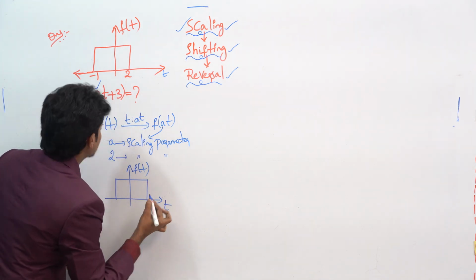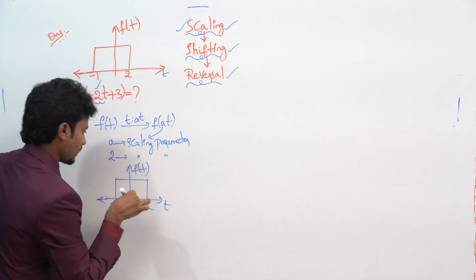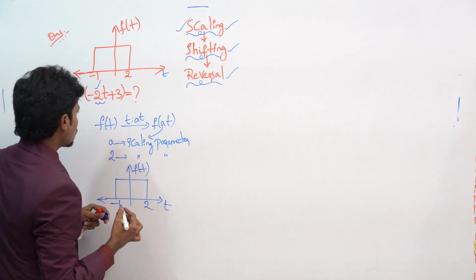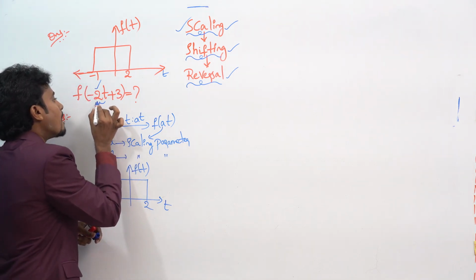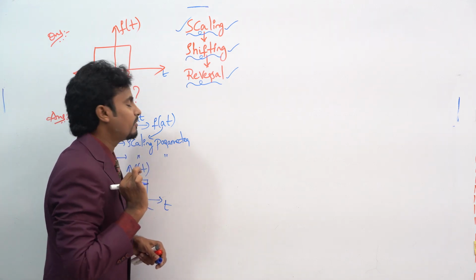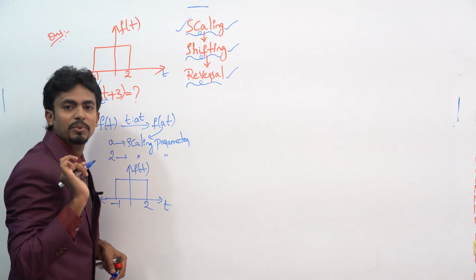Here this will become -1 and here 2. So f of 2t. Whenever you see multiplication here, you have to do division. Whenever you see division here, you have to do multiplication.